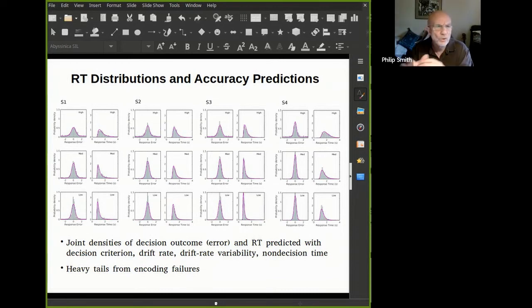Now, in the two-choice world, the interesting information, the important information in comparing models is typically contained in the relationship between the response time distributions for correct responses and errors.